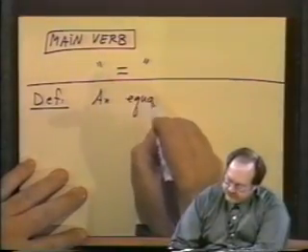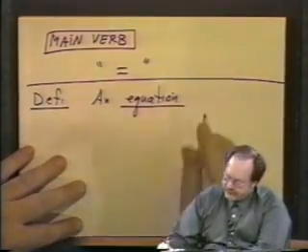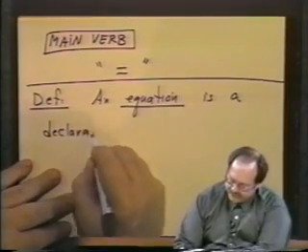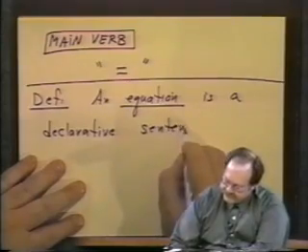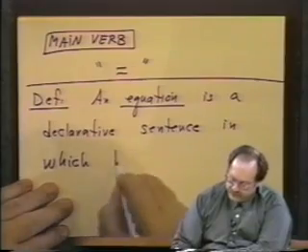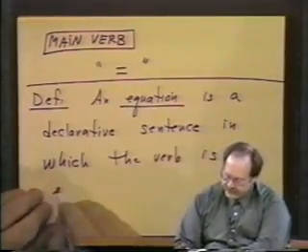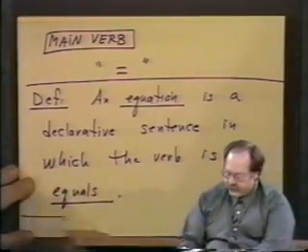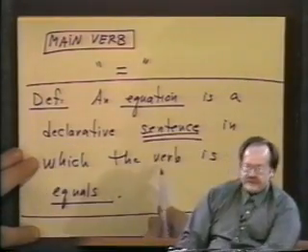An equation, one of the most important sentences we talk about, is a declarative sentence, remembering your grammar, in which the verb, as I said above, is equals. That's what an equation is. It is a sentence, and the verb is equals.